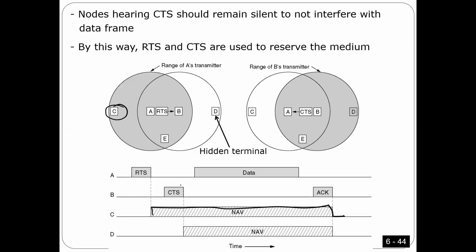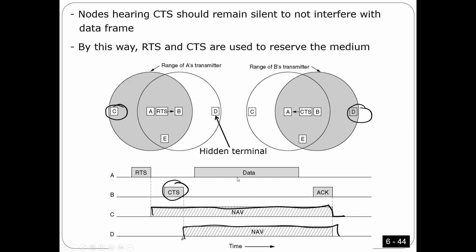Then after that, B is going to transmit CTS. The neighbor of B, which is D in this case, is also going to wait for some time. And now the channel is ready. No one is going to transmit. I guarantee now 100% there is no collision. If it works this way, it's guaranteed there is no collision.